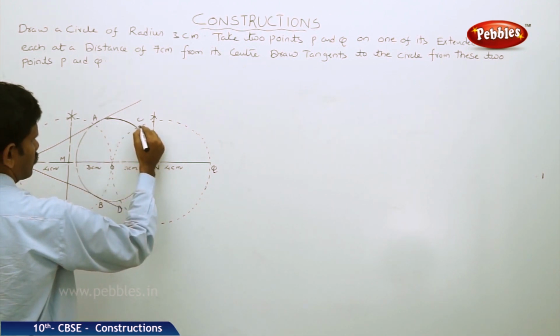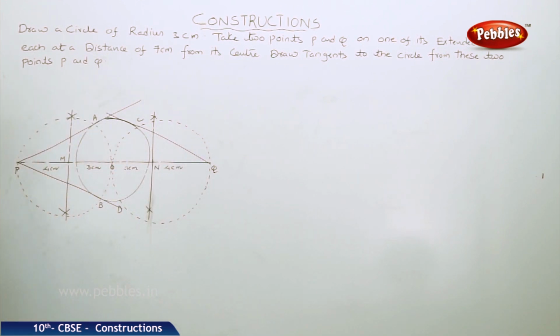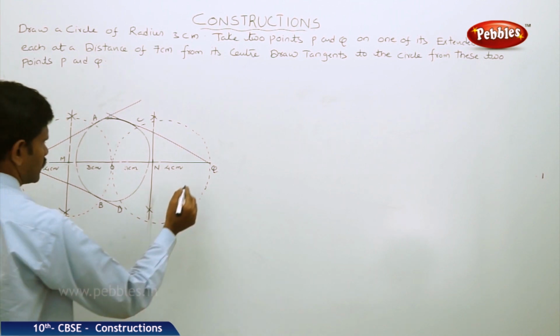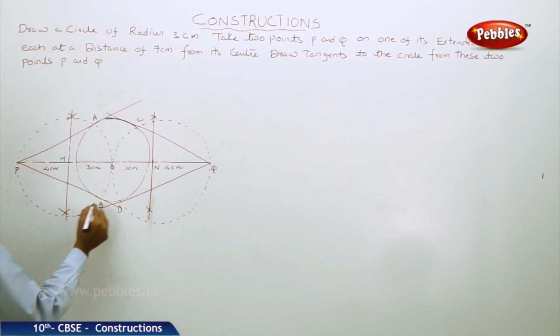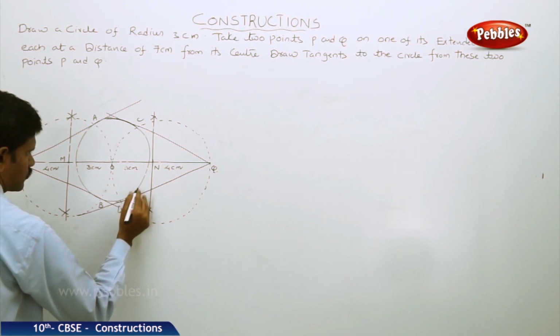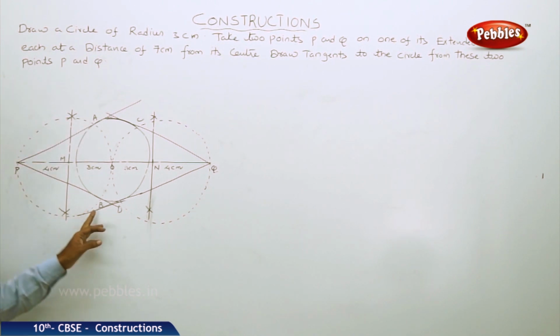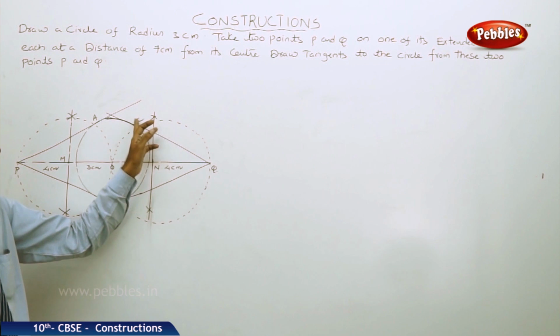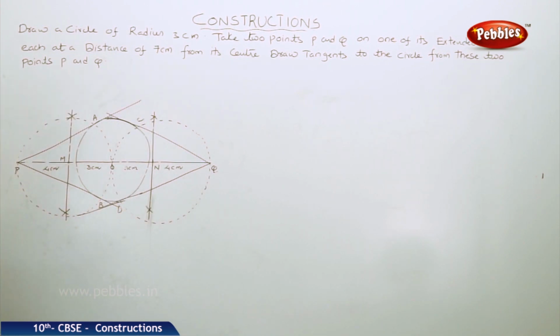Next join QC and QD. Now PA, PB and QC, QD are the required tangents.